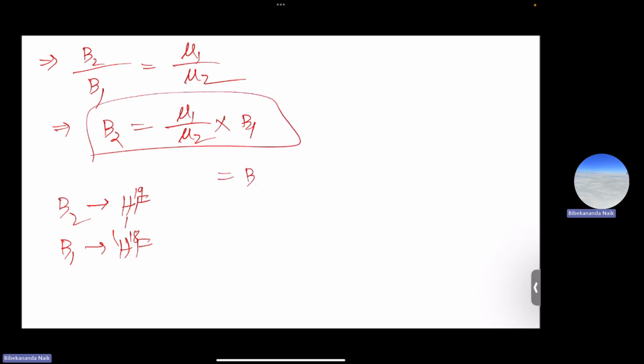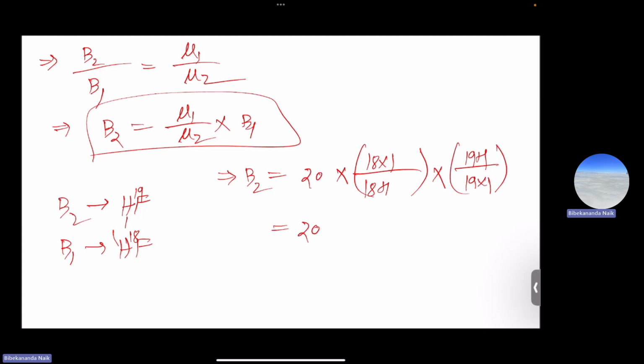So B2 equals B1, which is 20, into mu1, which is 18 into 1 divided by 18 plus 1, into 19 plus 1 divided by 19 into 1. It will be 20 into 18 by 19, that is 20 by 19.